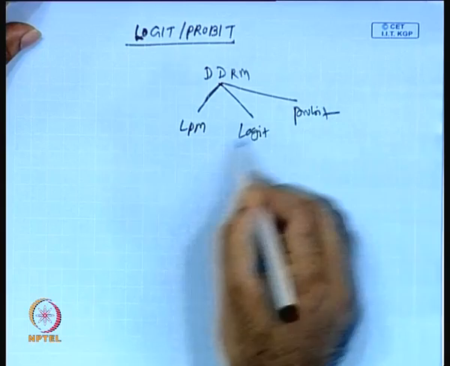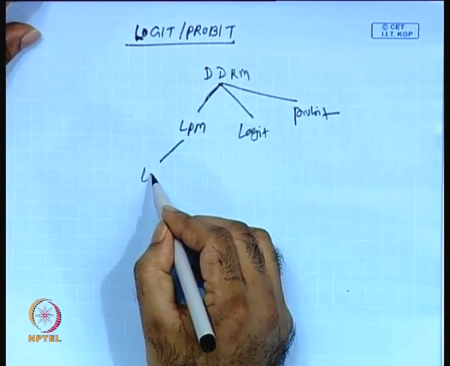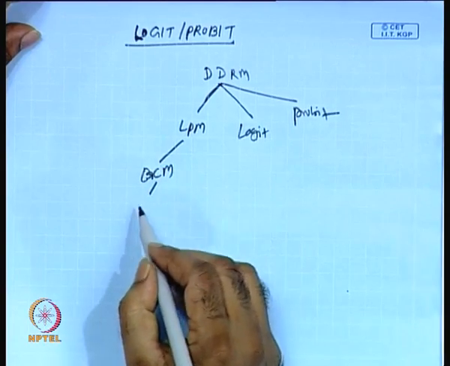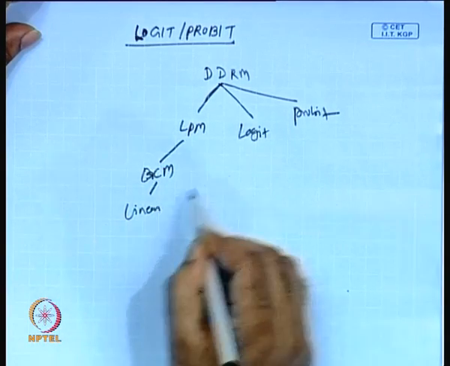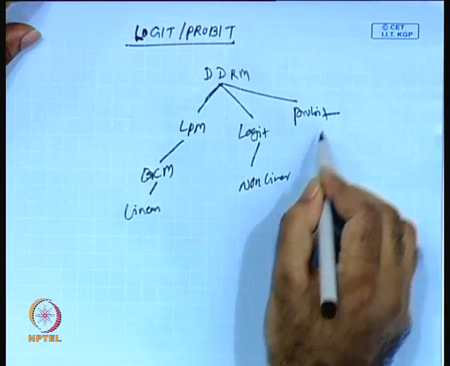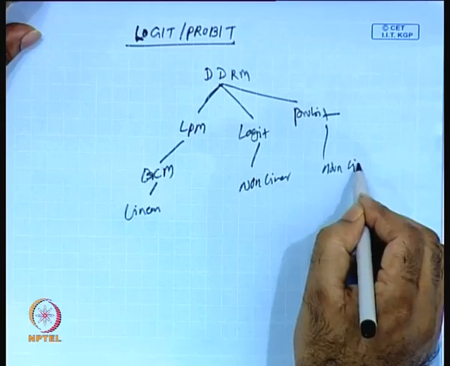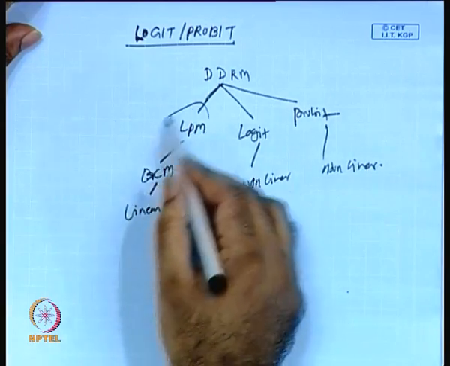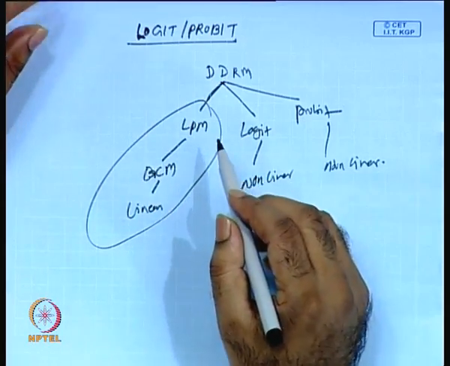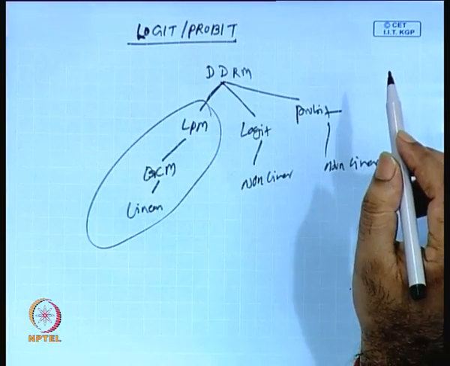The linear probability model is a linear binary choice model, while the Logit and Probit models are non-linear. We have discussed the linear probability models in detail, where we found lots of limitations.